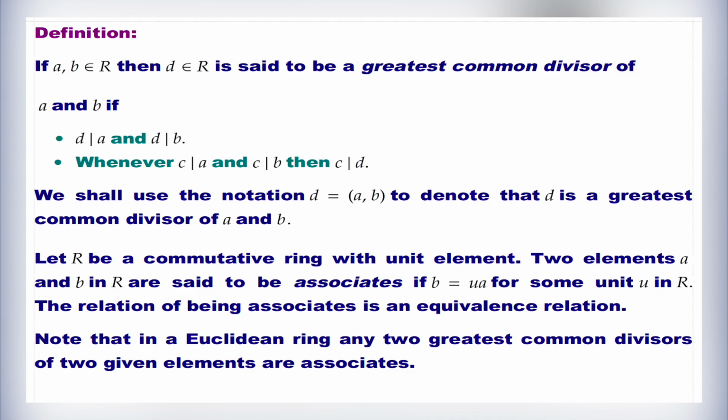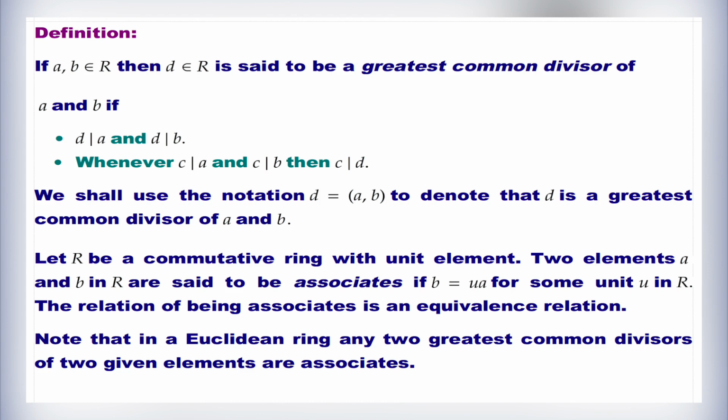If A and B are in R, then D in R is said to be a greatest common divisor of A and B if D divides A and D divides B, and whenever C divides A and C divides B, then C divides D. We shall use the notation D = (A, B) to denote that D is a greatest common divisor of A and B.